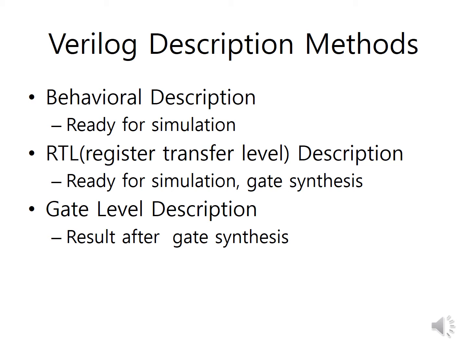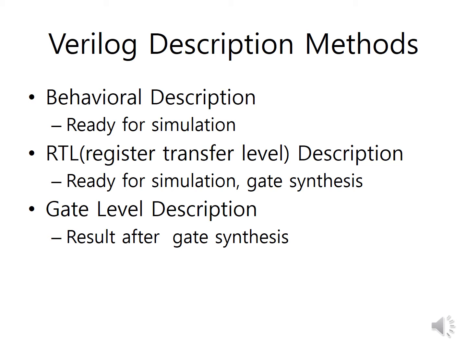The easiest level for understanding is the behavioral description. It is written like C language, any high level language, right? Very similar to that. But if you go one step down, like RTL, it becomes like flip-flops and combinational logic.